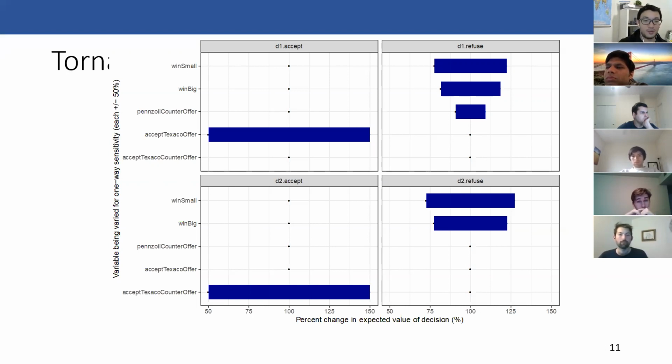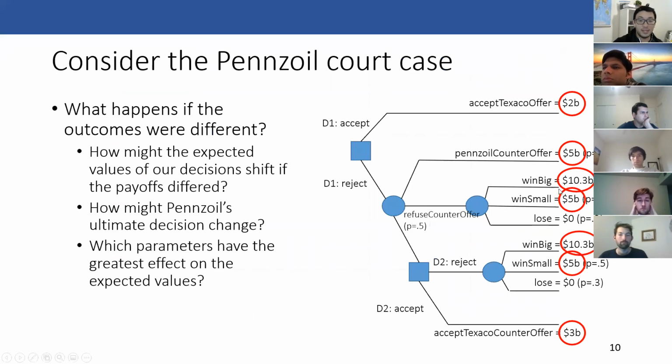So if I go back here really quick, it turns out that this parameter that I'm calling win small is the one that's going to have the largest effect on the expected value. And that can be kind of intuitive in this case because it's got the largest probability. So the weighting of a marginal dollar change in that parameter is the one that's going to affect your expected value the most.